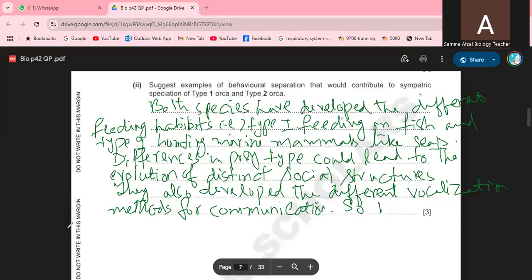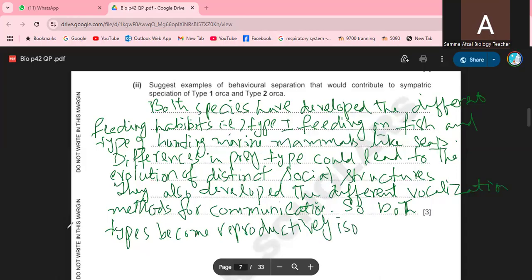So both types become reproductively isolated within the same geographical area.